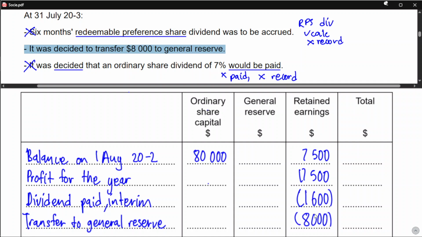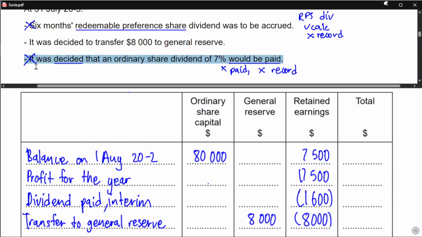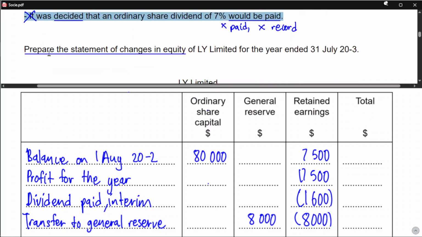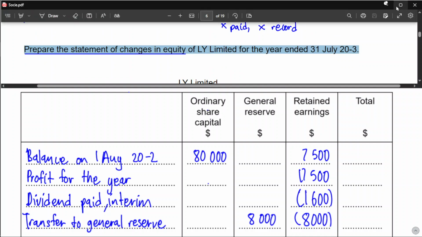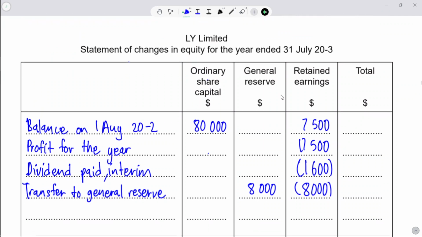Take out from retained earning, place into the general reserve. Then this one, ignore. Oh, we read back the question. So let's total it up.